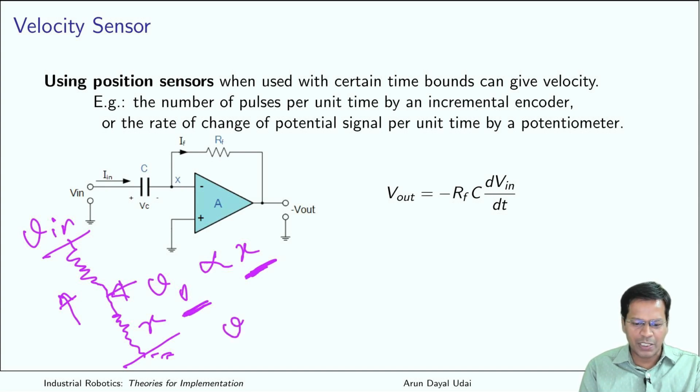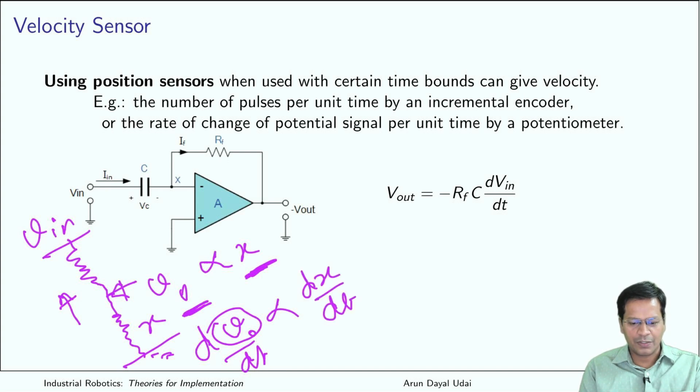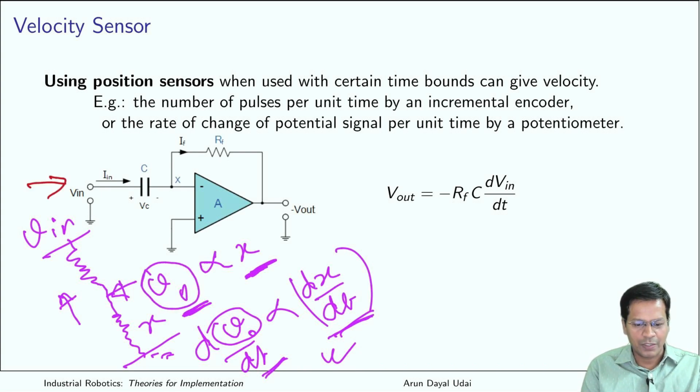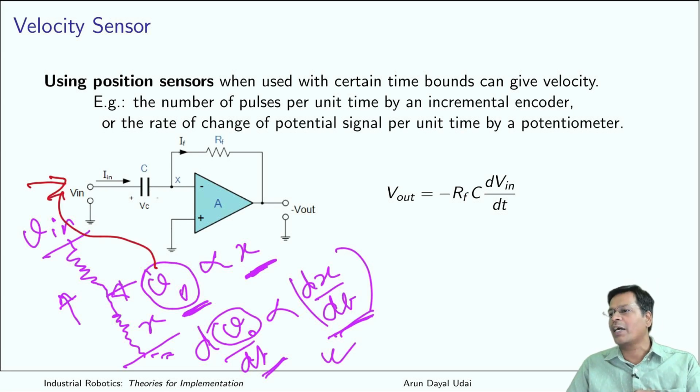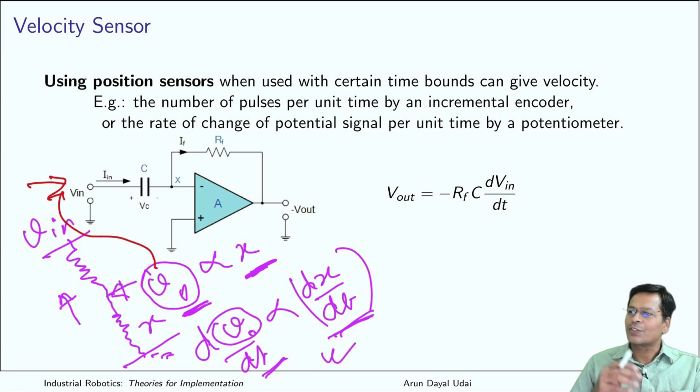If somehow you can measure the output voltage changes, this changing output voltage is also proportional to the velocity. So if I feed this output as an input to an operational amplifier here, this amplifier is nothing but a differentiator circuit.